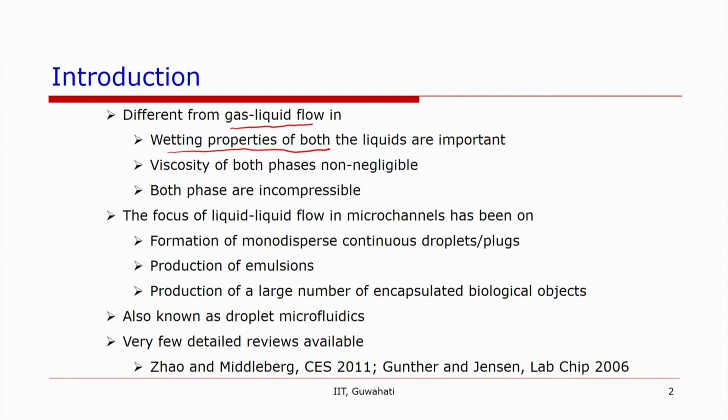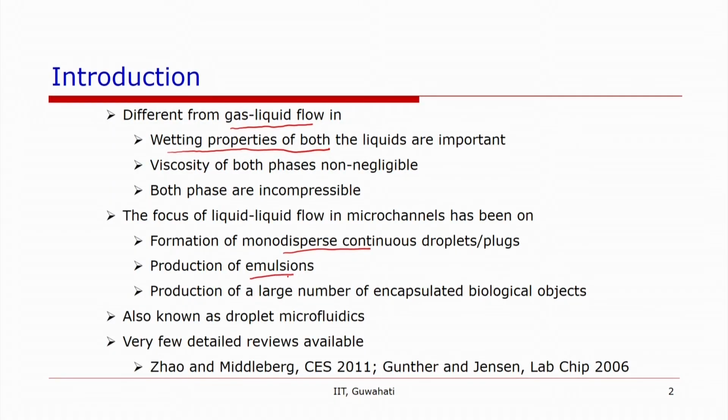Then in gas-liquid flow, the viscosity of the gas phase was negligible, for example. However, in liquid-liquid flow, this will not be the case, as the viscosities of both the phases will be non-negligible and comparable. Plus, unlike gas, which is a compressible fluid, both the phases in liquid-liquid flow are incompressible.